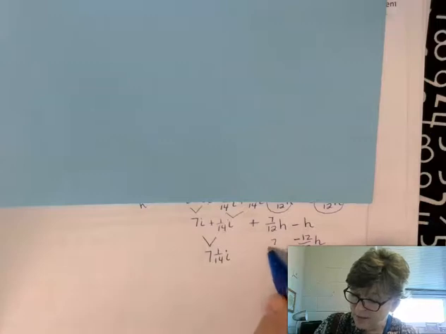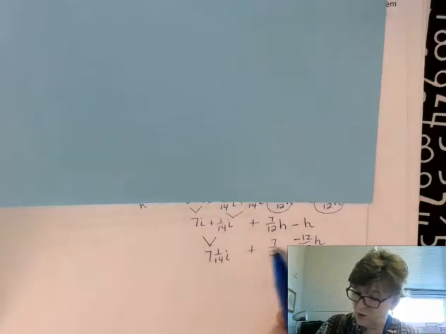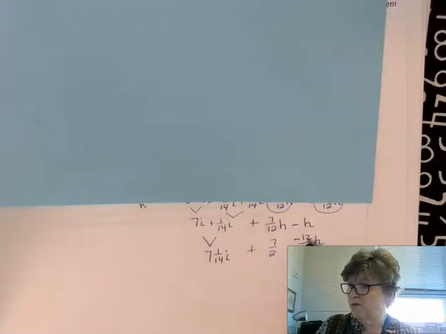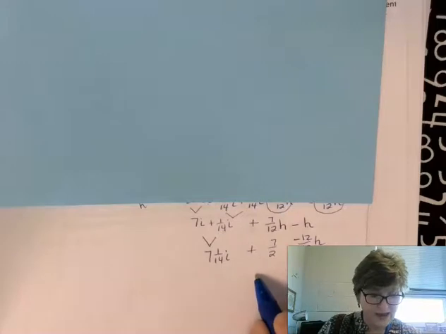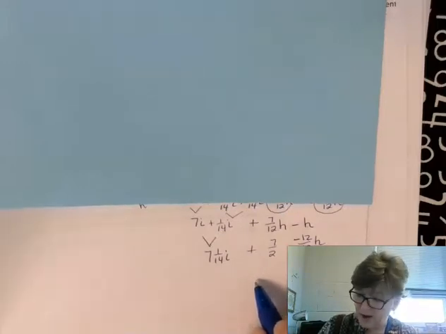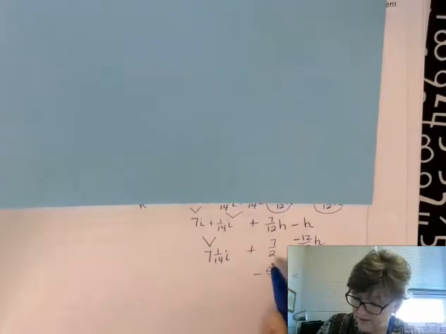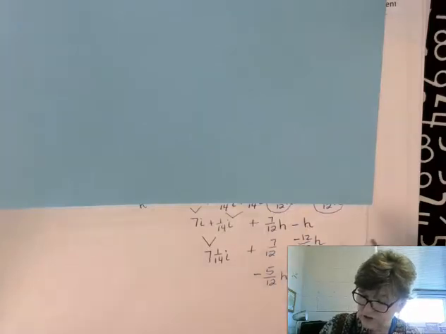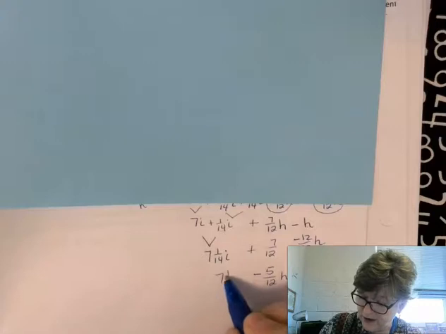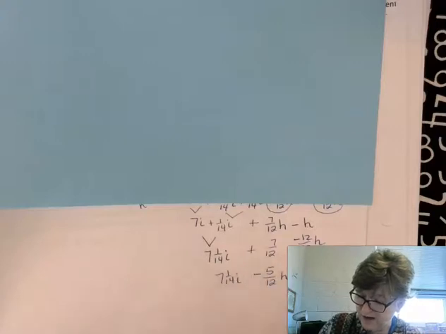And now I'm able to combine these two fractions, which -12 and a positive 7 would leave me with a negative. So I have minus 5/12 H and 7 and 1/14 I.